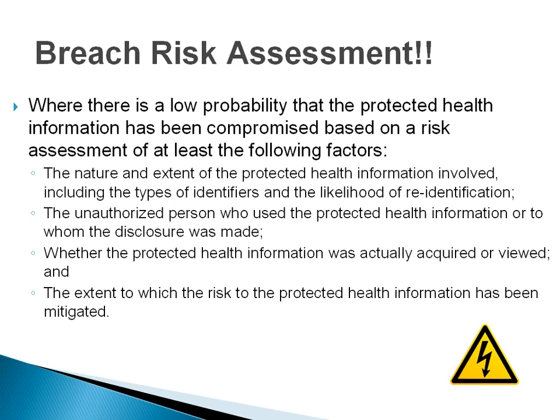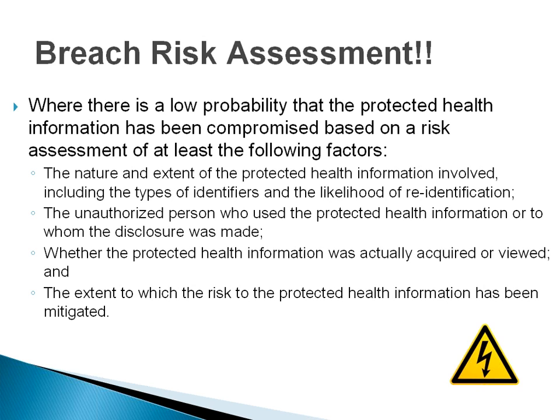The nature and extent of the protected health information involved, including the types of identifiers and the likelihood of re-identification, the unauthorized person who used the protected health information or to whom the disclosure was made, whether the protected health information was actually acquired or viewed, and the extent to which the risk to the protected health information has been mitigated.